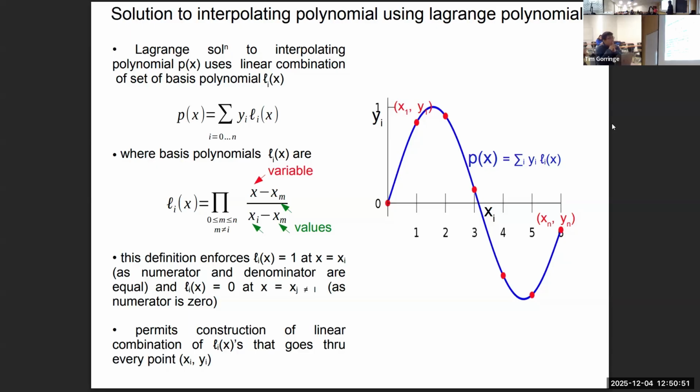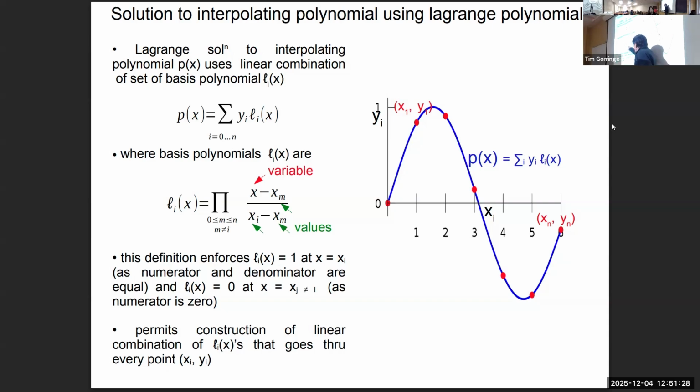In that expression, the xi's and the xm's are the individual values of x at the data points, at the location of the data points. And then the x without a subscript is the variable x. So these are polynomials in x because of this x here without the subscript. That's the variable. The others are the discrete values that you measured, that were part of your measured data.